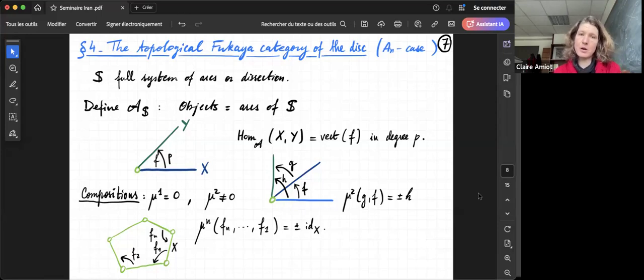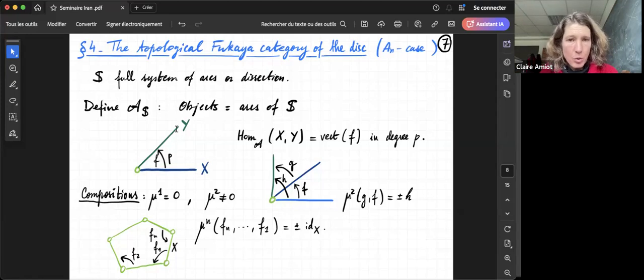So I have finitely many objects. To define the space of morphisms, if I have two arcs X and Y, I will have a morphism between X and Y if and only if they have a common endpoint, and X is before Y in the anti-clockwise direction.